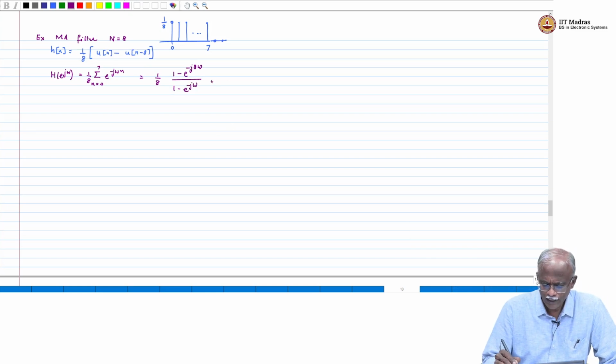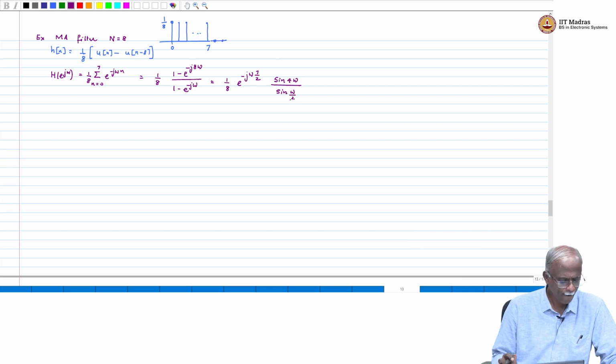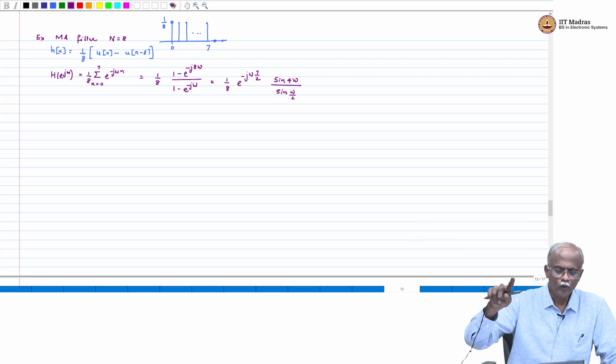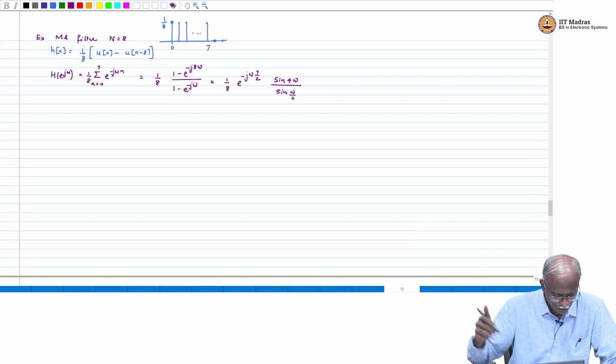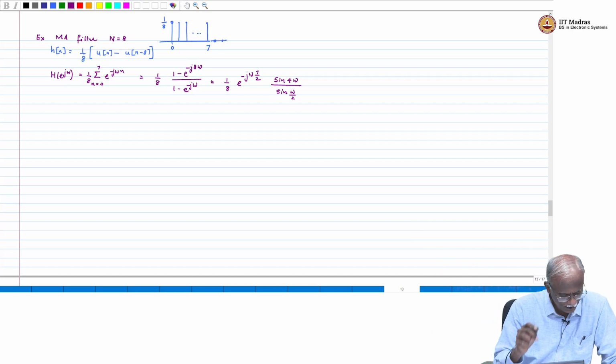You can write this as 1 by 8 e to the power minus j omega 7 by 2, 3.5. Basically, when you factor it out, the numerator will be sine 4 omega divided by sine omega by 2. Notice that the numerator will go to 0 whenever omega is pi by 4, pi by 2, 3 pi by 4, all the multiples of pi by 4 will go to 0.